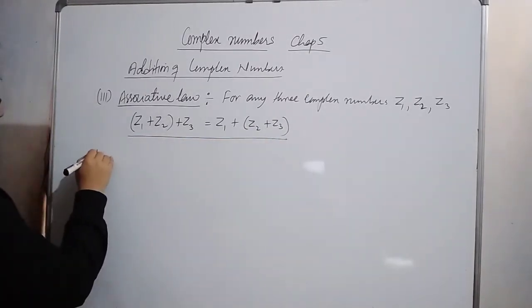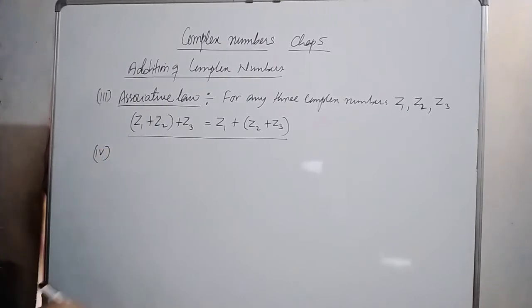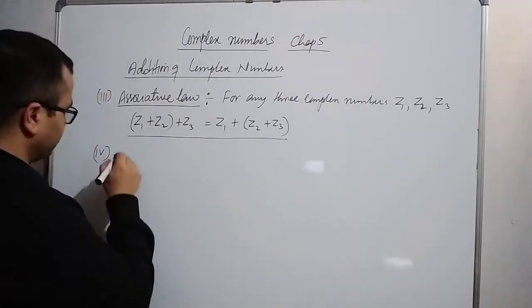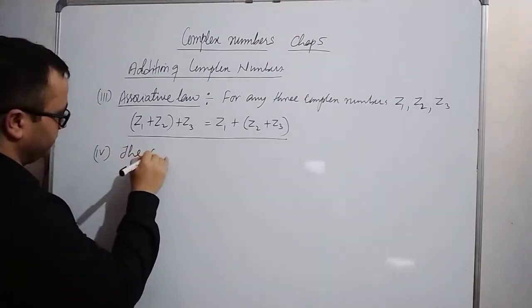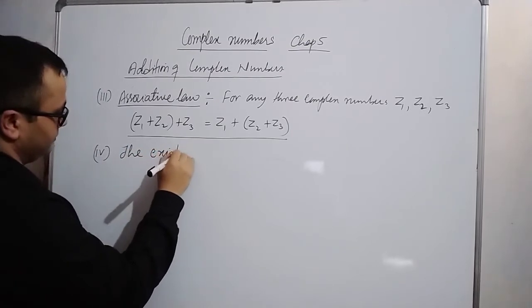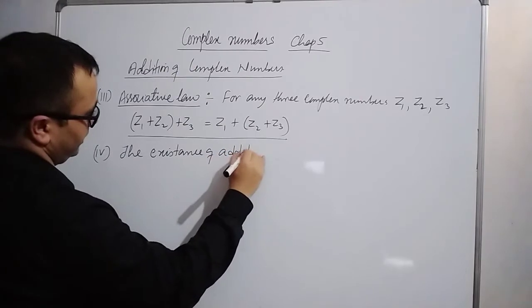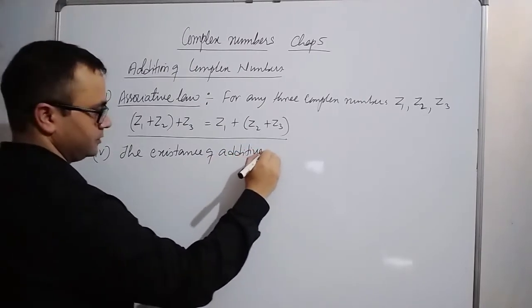Next, number 4 is the existence of additive identity.